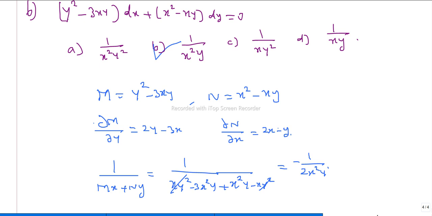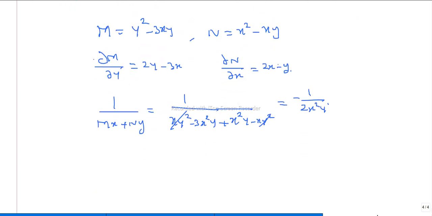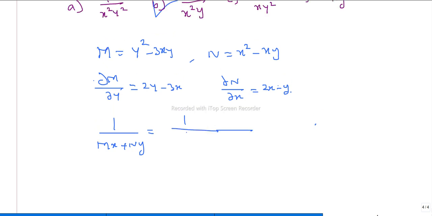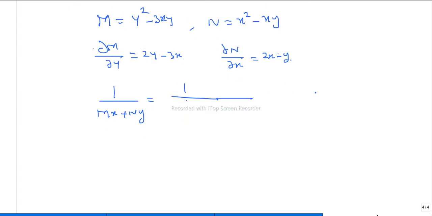Otherwise, maybe I did some mistake. You can check clearly. So once again, we will look at it. What is Mx plus Ny? I think M and N are correct. So we have to multiply x to this M. Therefore, xy square minus 3x square y, plus, if you multiply y with N, x square y minus xy square, right?